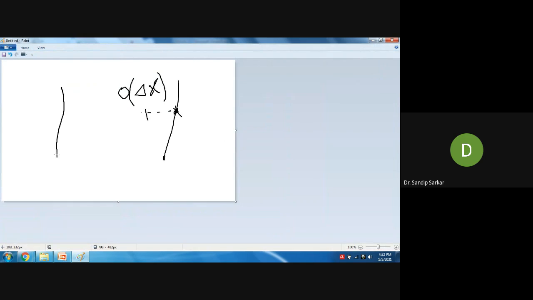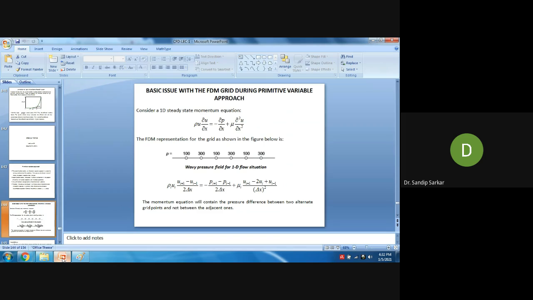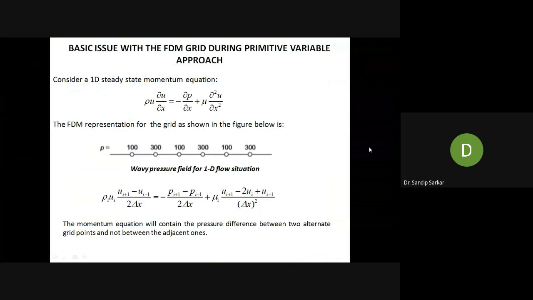Your solution error, convergence error will be blowing up. You will never get convergence. Your numerical method will not get converged. Is that clear to everybody now?